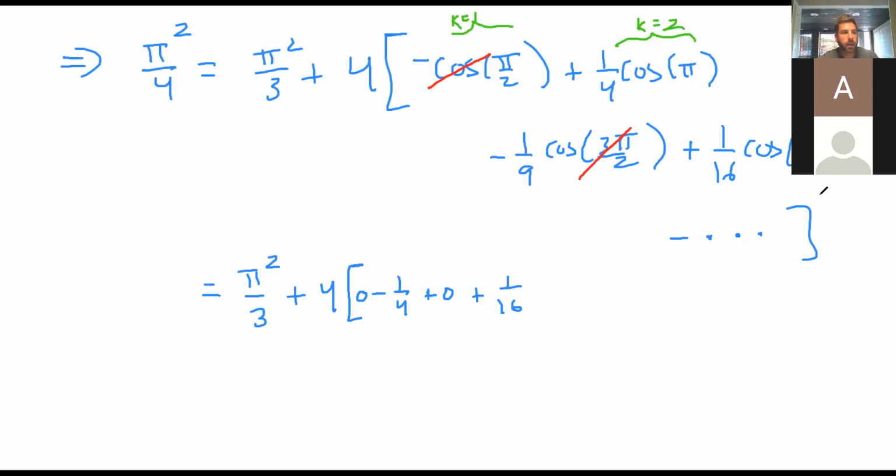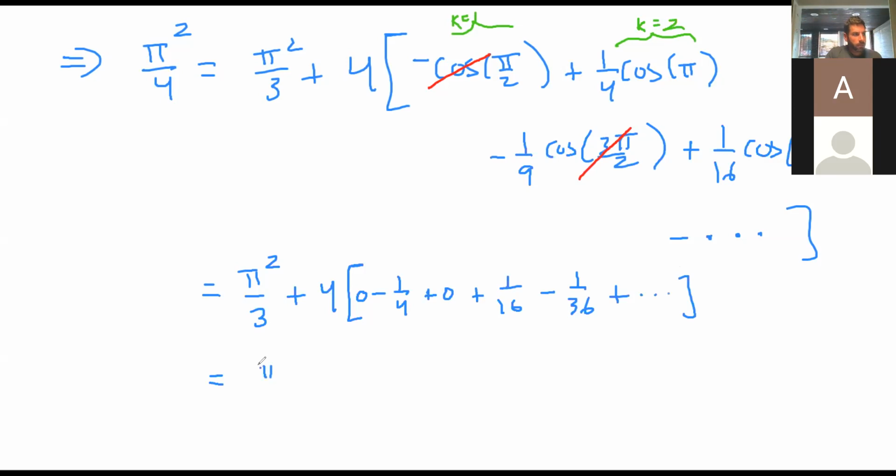And then what comes after 5? What comes after 5 is 6. So what you'll notice is this will become -1/36. And so all you're going to get are the even squares downstairs, and they're going to alternate sign.